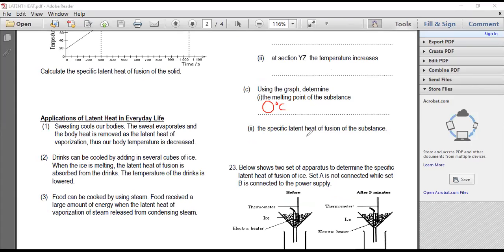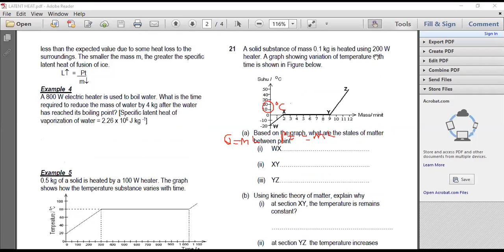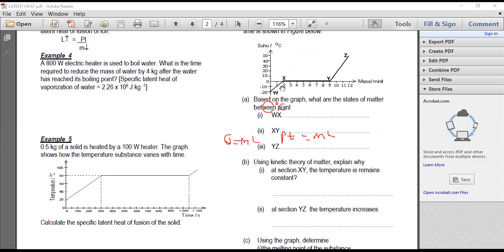Next, the specific latent heat of fusion of the substance. For this one you have to use Q equals ml. Change Q to Pt, so Pt equals ml. What is the power? The power is 200. Now the time is 2 to 9, so the time is 7 minutes, 9 minus 2.